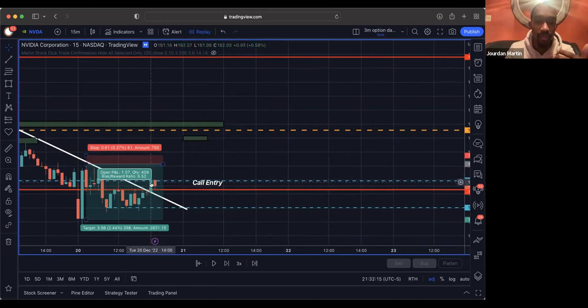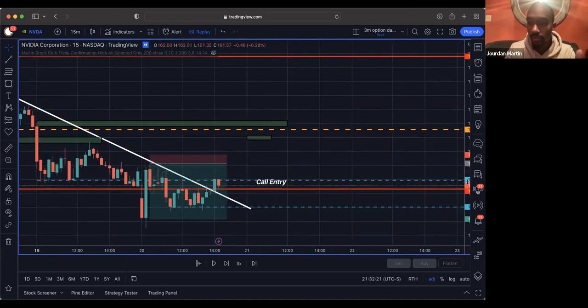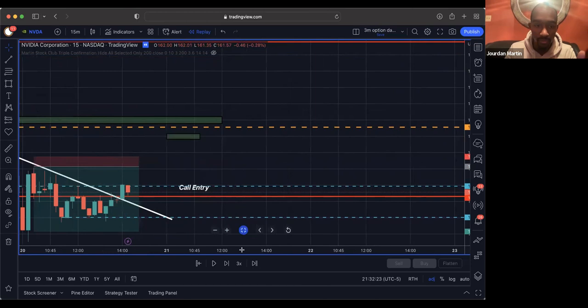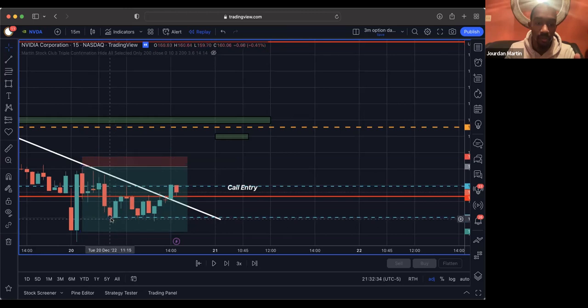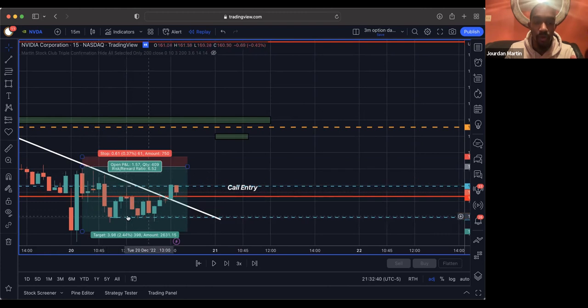And now that we've broken out of it, we can look for our calls because we've started making a new high, right? So what does that mean for the price? You see we previously had our last move up here and here, right? We came down, made a higher low because this low is higher than this one, lower high, and now our lows are holding.